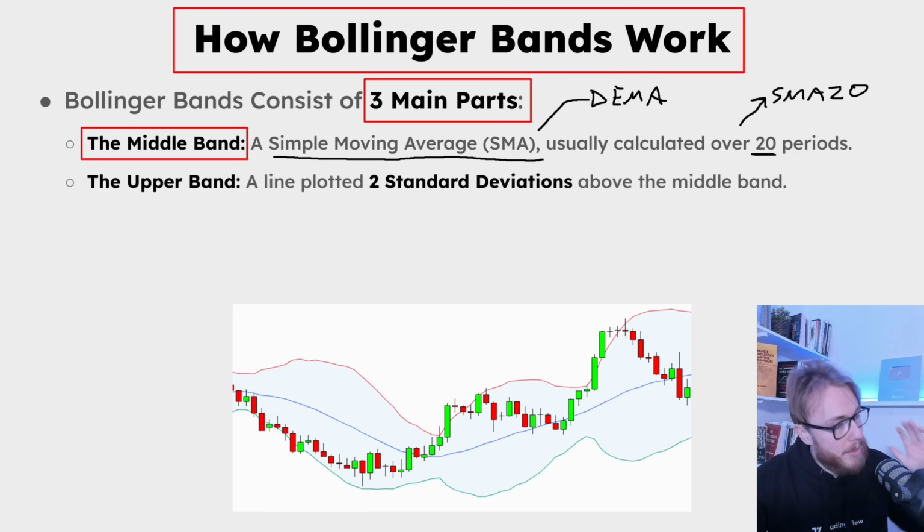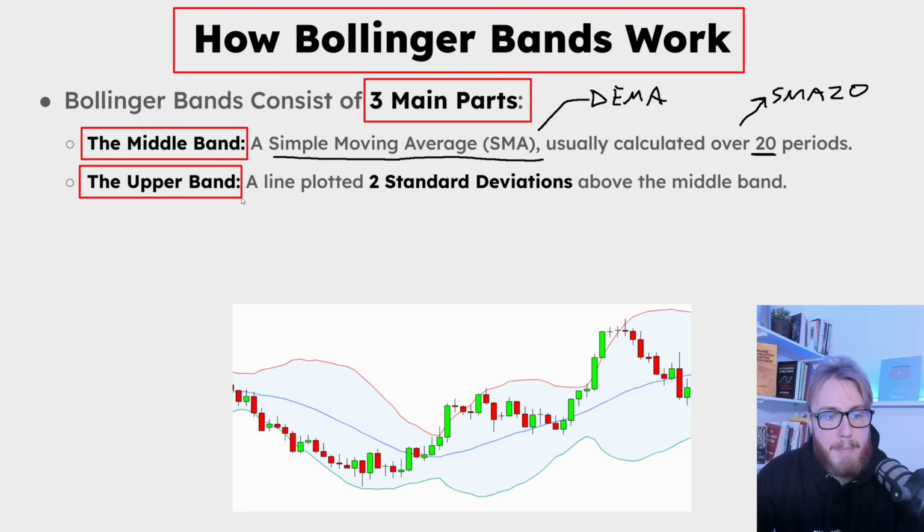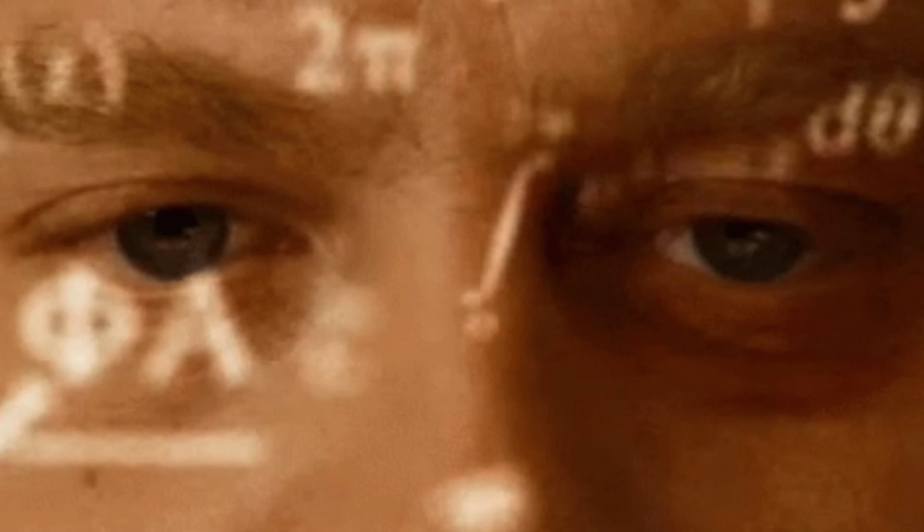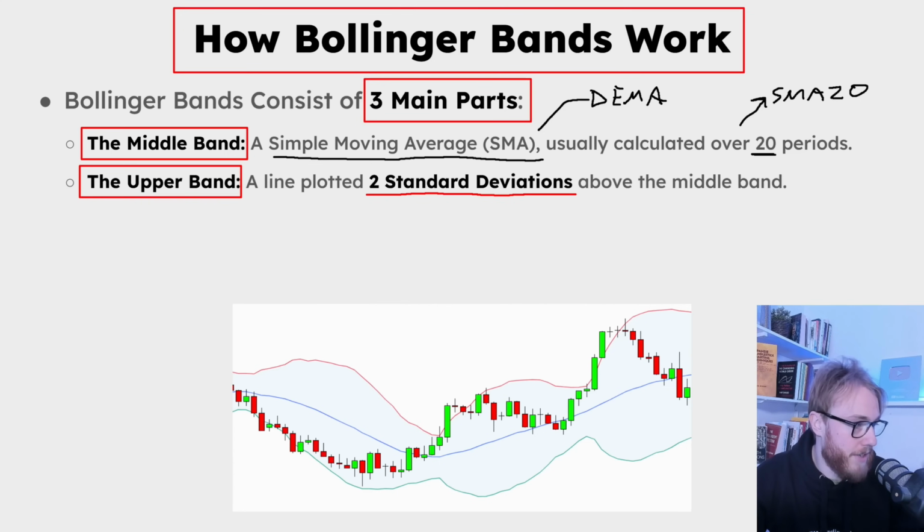But okay, so we know that the middle band is a moving average. But now, what about the upper band? Well, the upper band is a line plotted 2 standard deviations above the middle band. Standard deviation is a pretty technical term, and we will talk about it very soon.